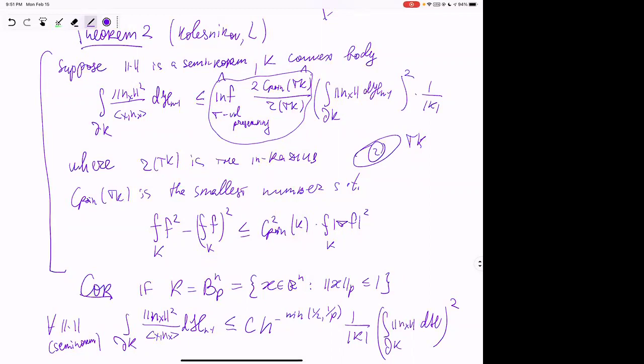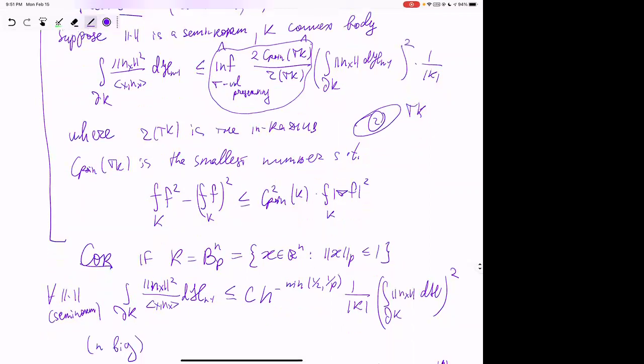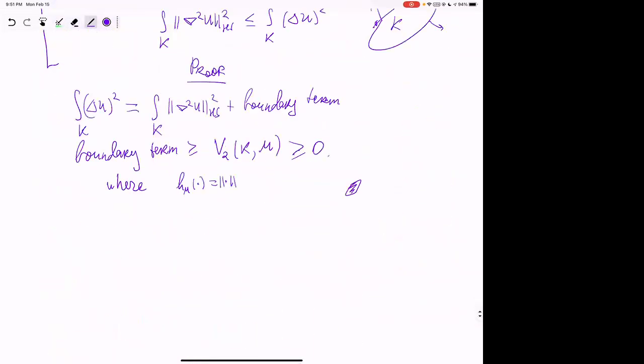So why do you need this inequality? Yes, great question. Let me just very briefly explain that it relates to the log-Brunn-Minkowski conjecture. Unfortunately, of course, I don't have any time to talk about it.